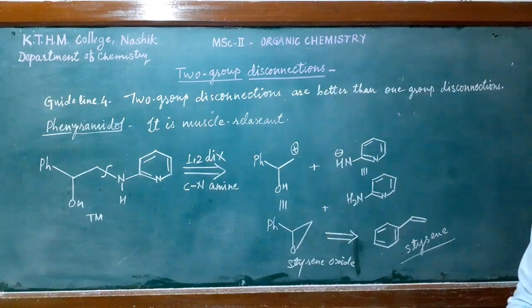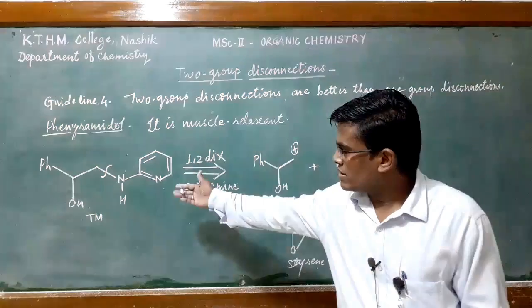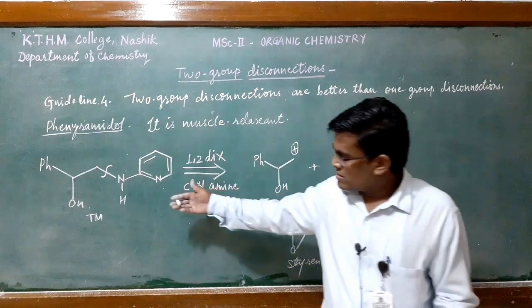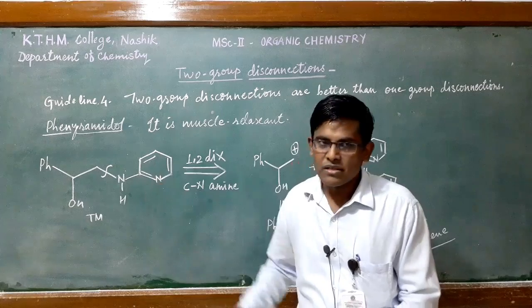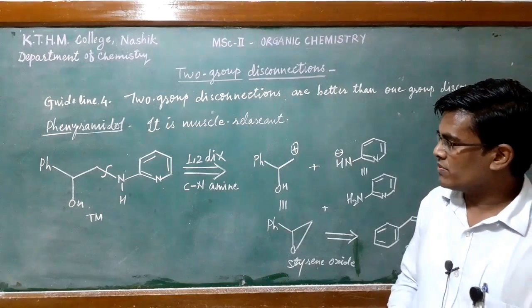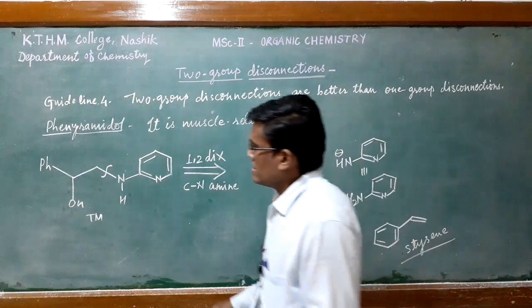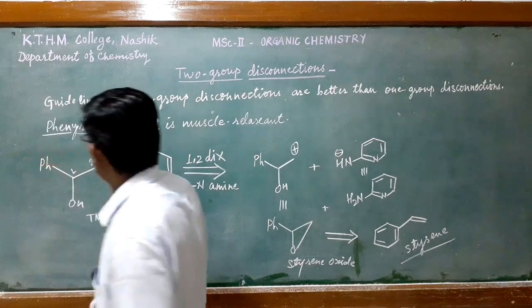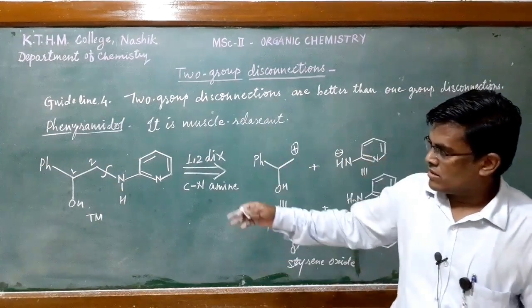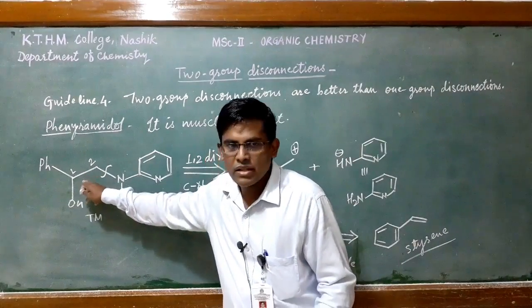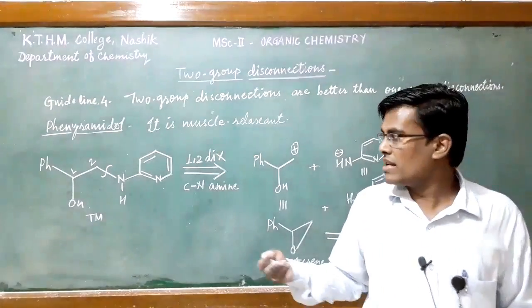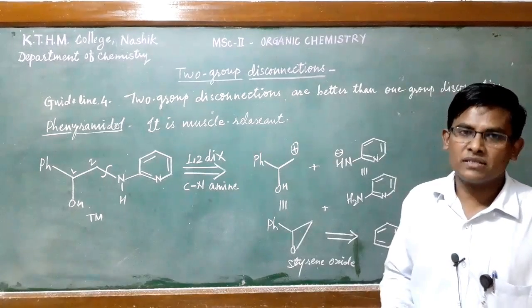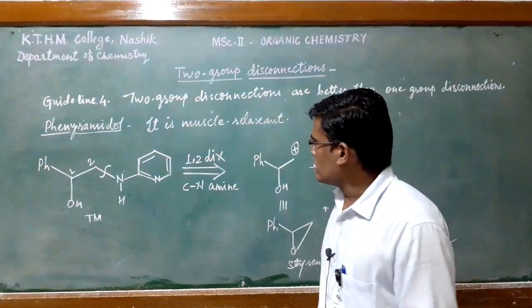Okay. So when you look at this molecule, you will realize that there are two functional groups that are in a 1,2 relation. This 1 and 2 carbon indicates there is a relation between the two functional groups, 1,2 relation.